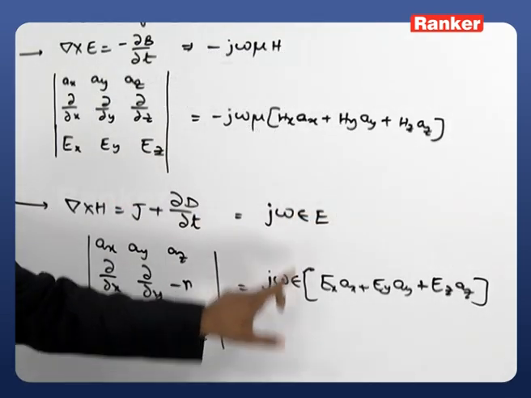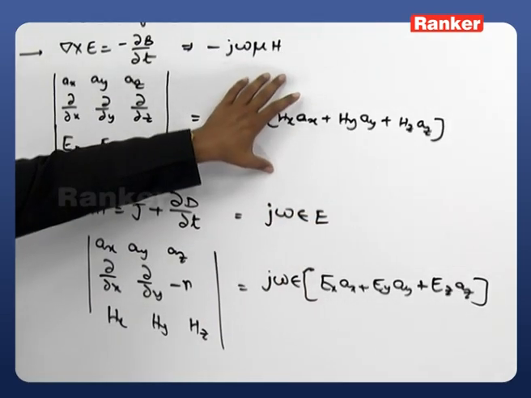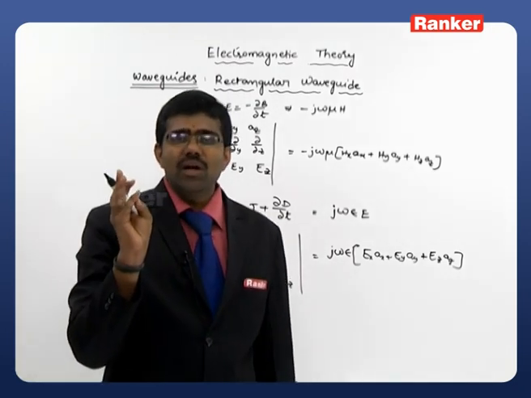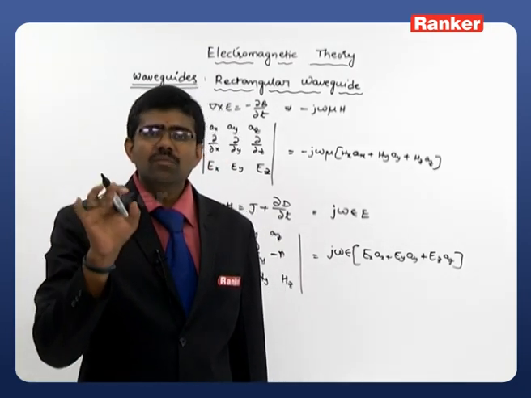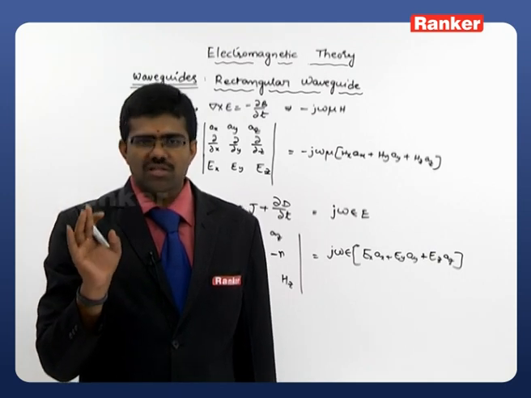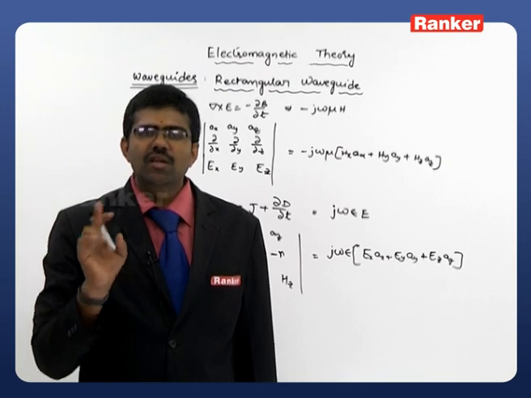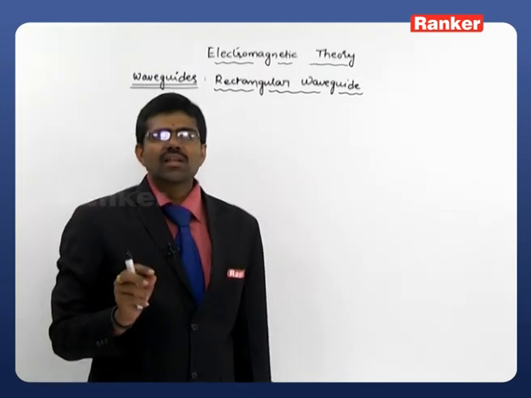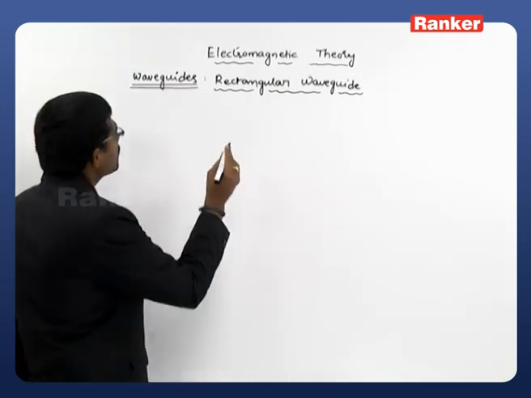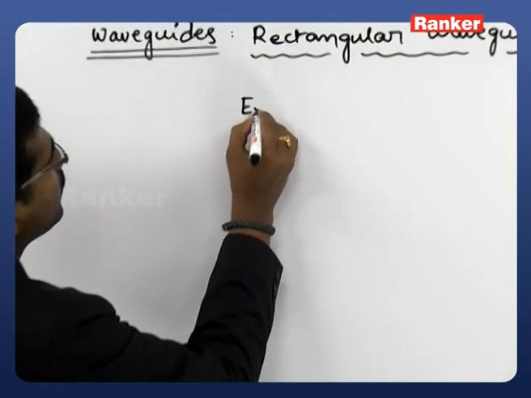Now by clubbing these two sets of equations, you will get equations for Ex, Ey, Hx, Hy in terms of Ez and Hz. So directly I will give you those four equations, Ex, Ey, Hx and Hy in terms of Ez and Hz. As I said, after clubbing those two sets of equations, we will get the equations for Ex, Ey, Hx, Hy like this.